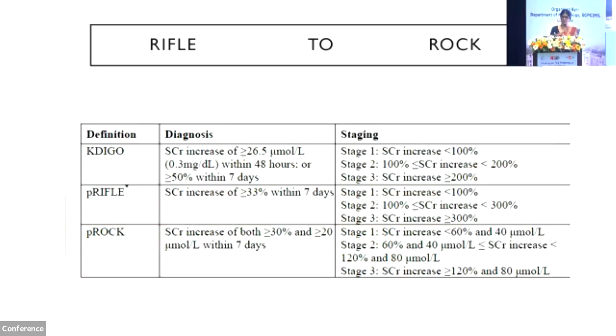So definitely, it was a more specific criteria to diagnose AKI. But the question was, are we in need of a highly specific criteria or a highly sensitive criteria to detect early AKI? On one hand, we are looking at early markers before the creatinine can rise, and PROC is actually doing the other extreme. It's a very specific criteria.